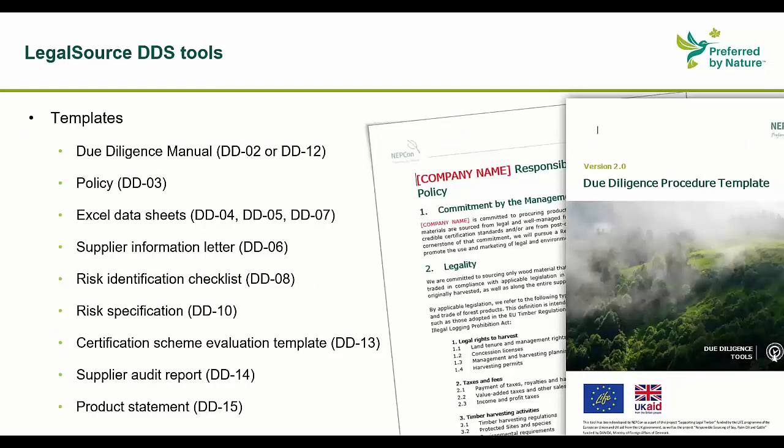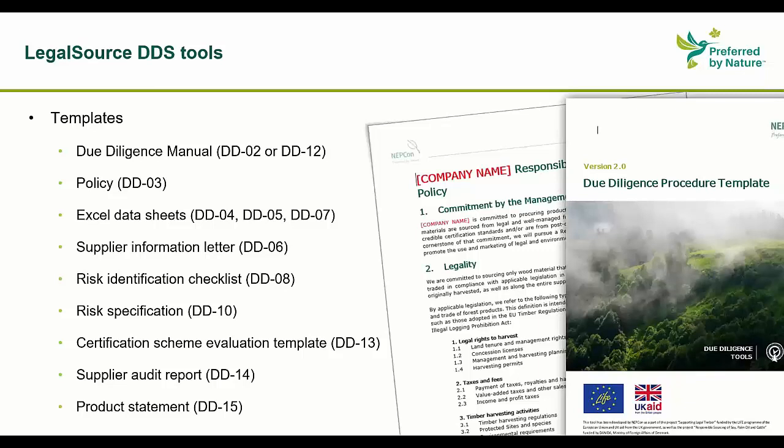Then we also have templates that you may use to implement your due diligence system. We have templates for the manual or the procedures. We have templates to write a legal sourcing policy. We have Excel data sheets that will help you obtain information from the supply chain. Those are really supplier questionnaires.